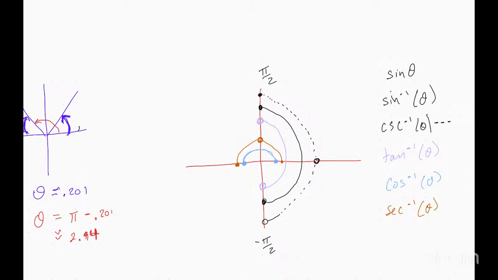The cosecant inverse function is defined. I wish I didn't erase that line. I have to put that red line back in there. Okay, cosecant inverse is defined in purple, darker purple.